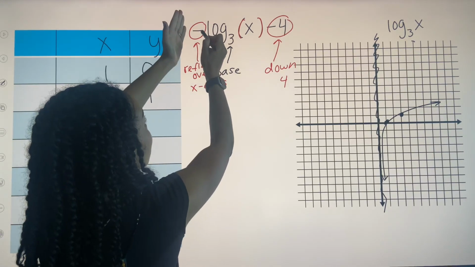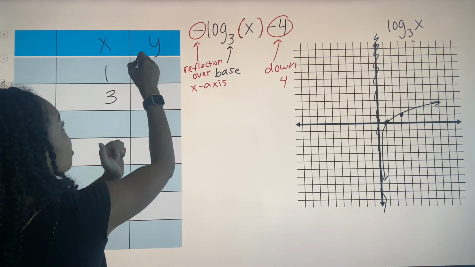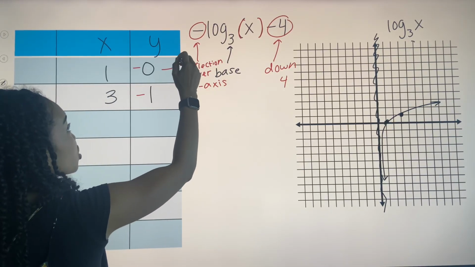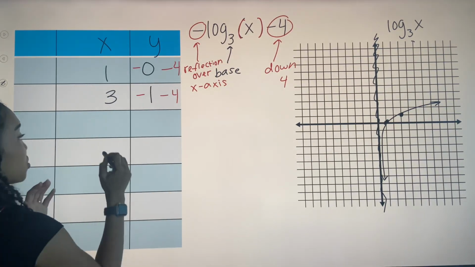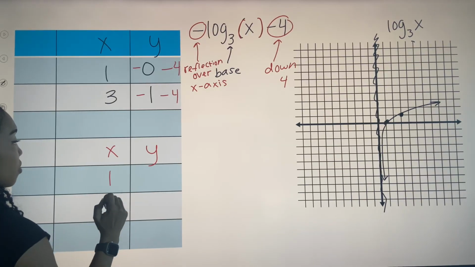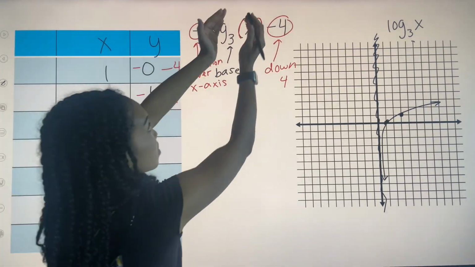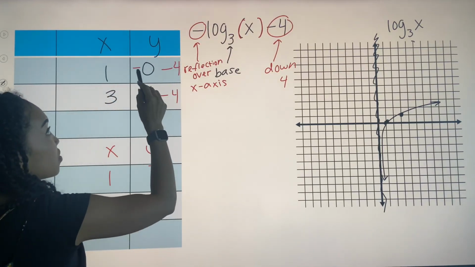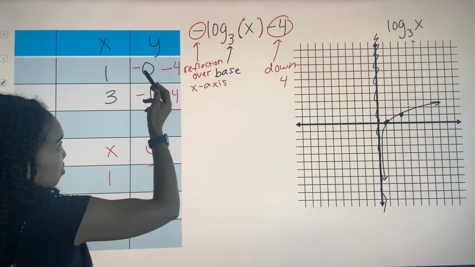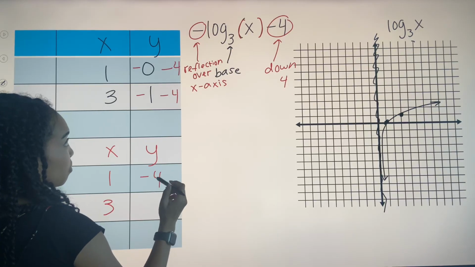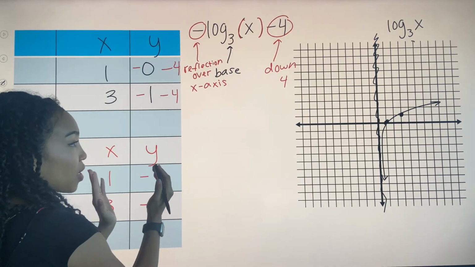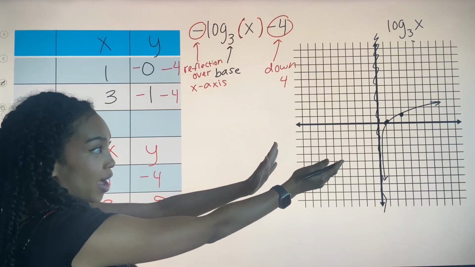So negative will affect your y's. These are now negatives. And it went down 4. So I'm going to subtract 4. So my new table, the x didn't change because there's nothing happening in my parentheses here. However, this is -0, which is just 0. -4 is -4. -1 minus 4, that's -5. So you can plot these points in your graph.